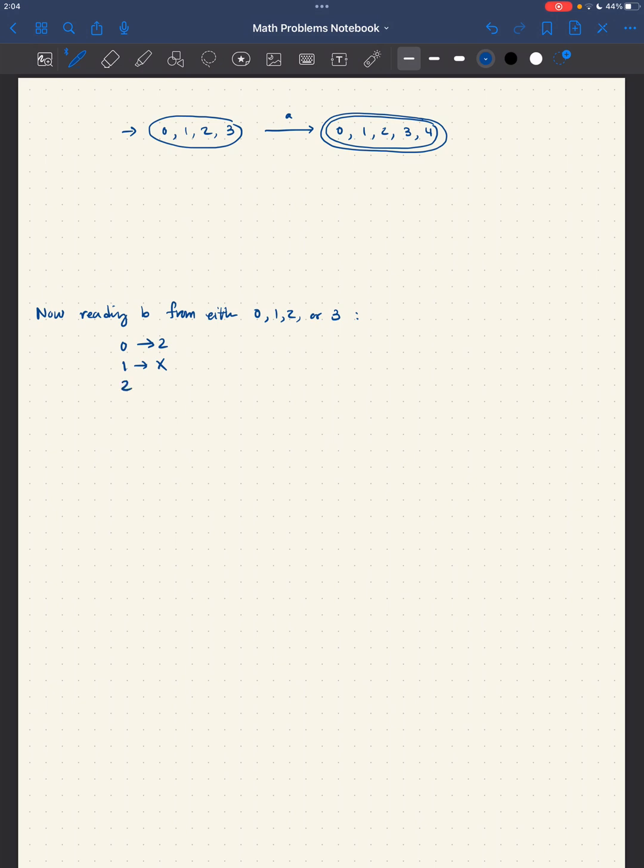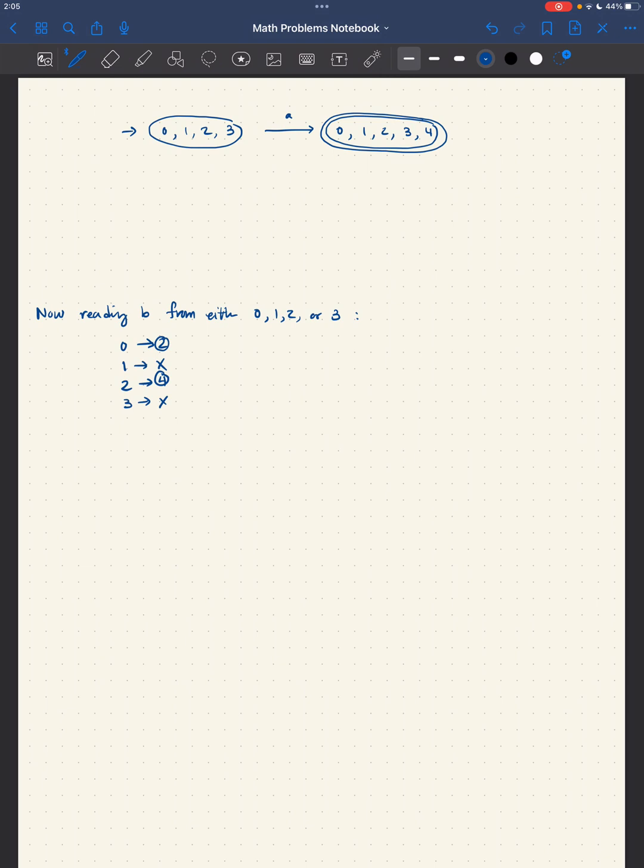Being at 2 results in 4, and being at 3 results in nothing. Okay. And then we ask the same question. Well, now that we are at any of these states to which we transition, being 2, 4, where can we go from there without reading anything, right? By following these epsilon arrows.